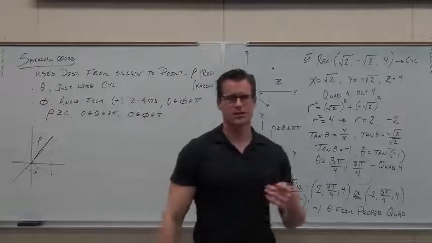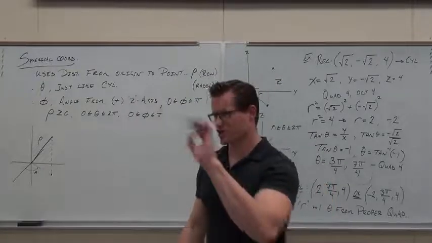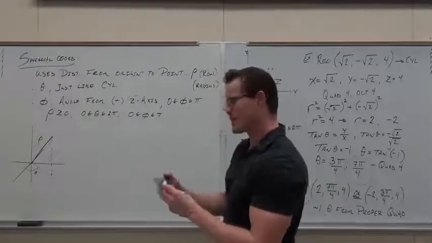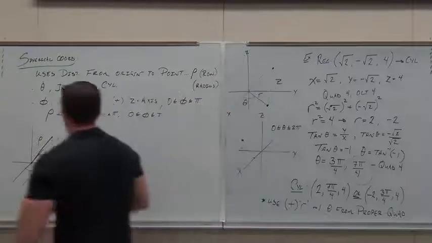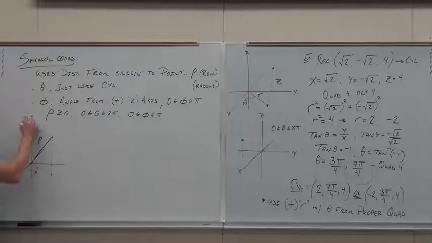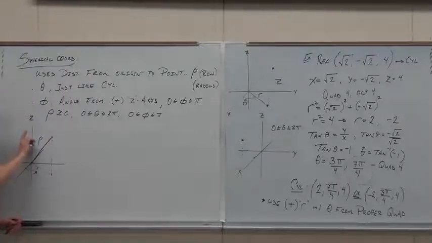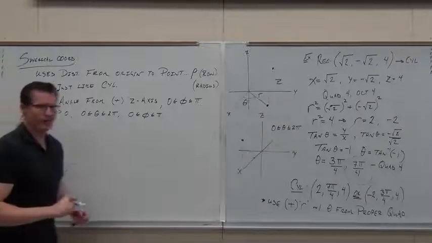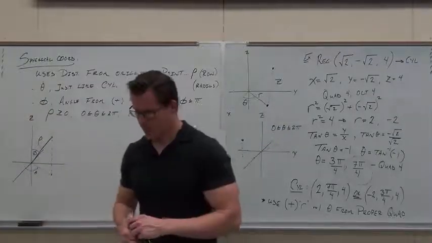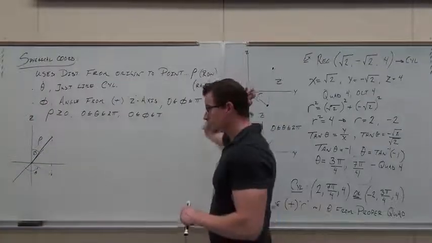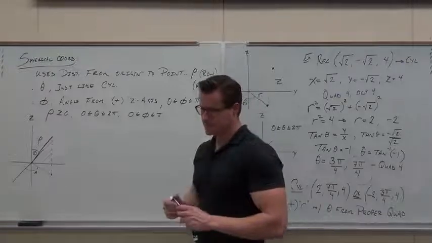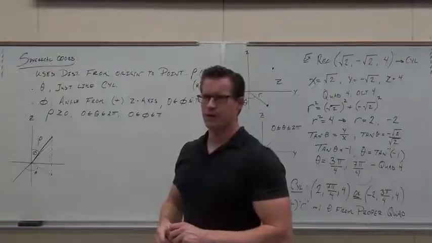The rho is the distance from the origin to the point, like a direct straight shot radius. And then we have this guy. From the positive z, not negative z, positive z to where that rho is, that is what phi is. Head nod if you're okay with that one.